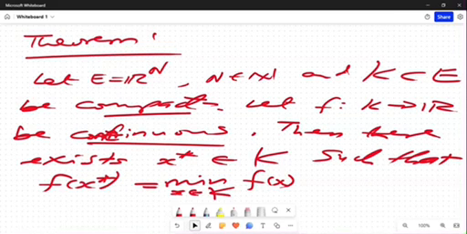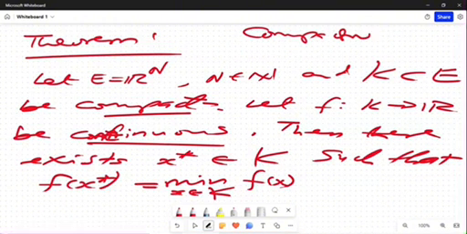I want you to begin to see the difficulty, the hard condition of this theory. Have any of you heard of compactness of a set before? Compactness.